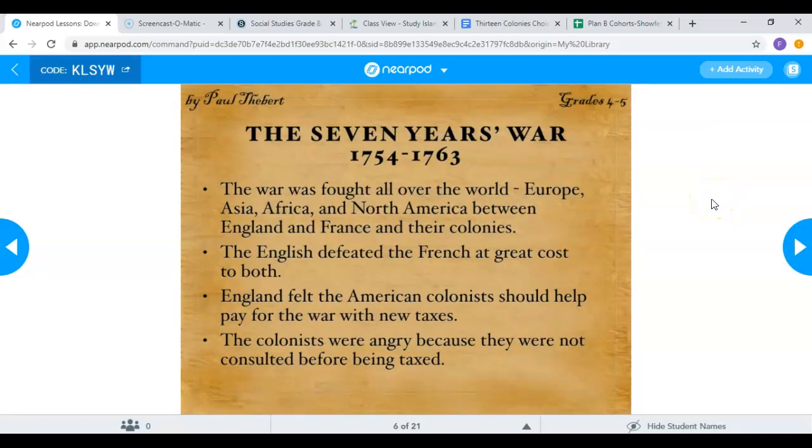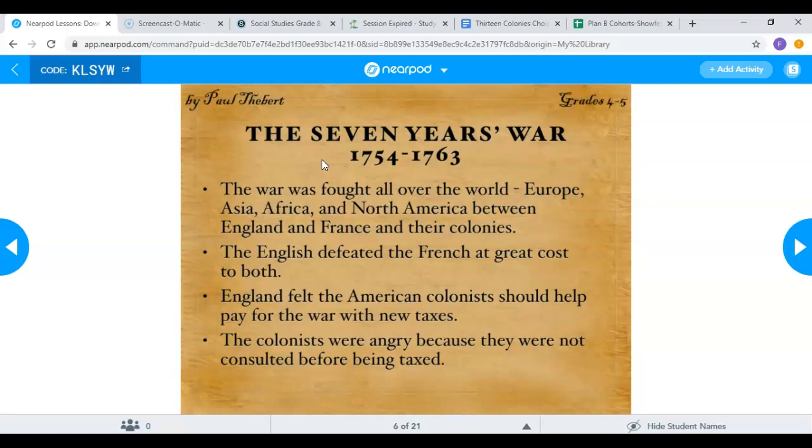So the 7 Years' War, also known as the French and Indian War, started in 1754 and ended in 1763. If you are a good math student, as I'm sure your math teachers would say, 1754 to 1763 is not 7 years, but thus it is called the 7 Years' War, but also called the French and Indian War.